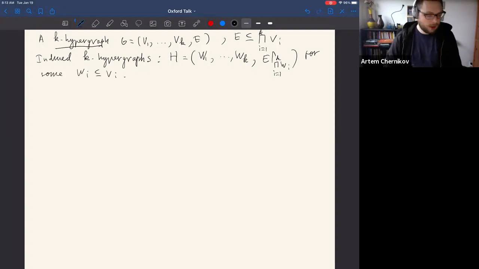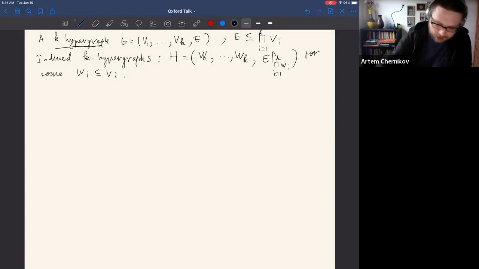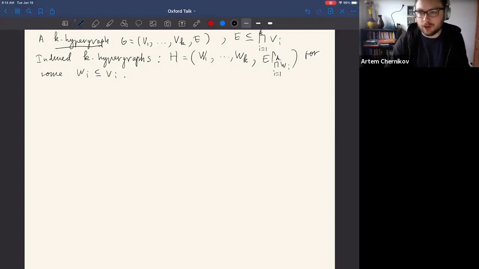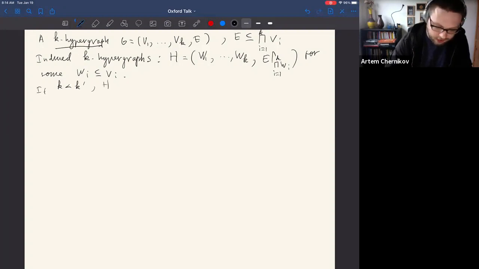And I also want to define what it means to contain a hypergraph of smaller arity as an induced hypergraph. So let's say I have some k less than k prime, and I have H a k-hypergraph, and G a k prime hypergraph.